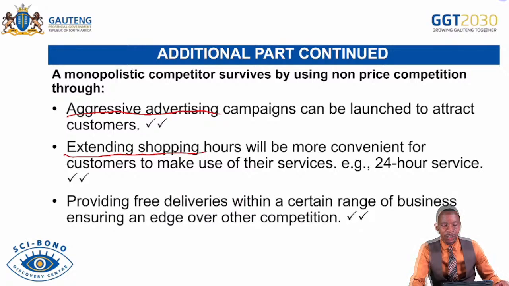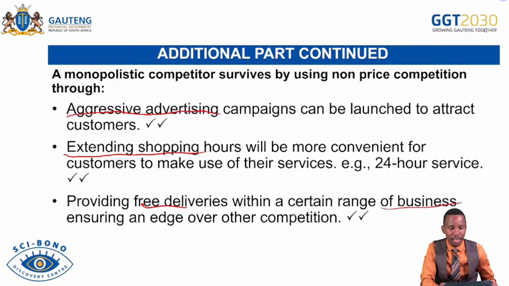Providing free deliveries. Some of the monopolistic firms, especially in the fast food industry, can deliver at home. You order and then they deliver whatever you have placed an order for at home. That simply attracts consumers and increases sales for these businesses. So providing free deliveries within a certain range ensures an edge over the competition.